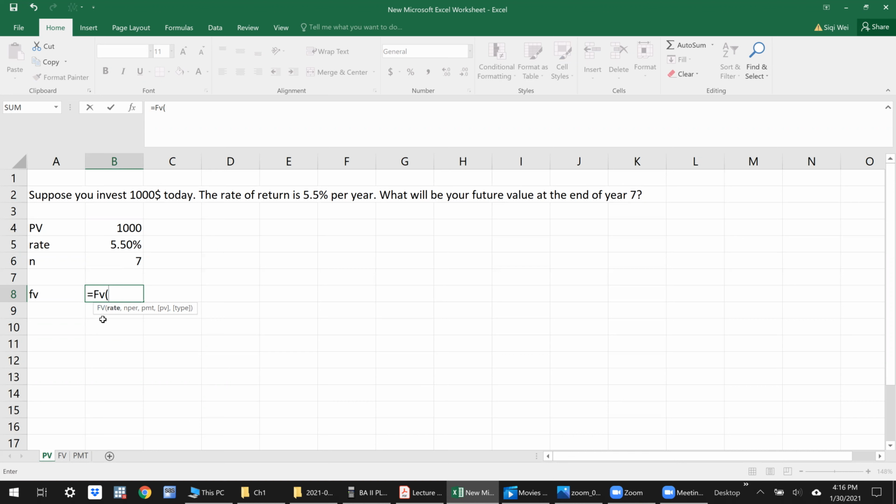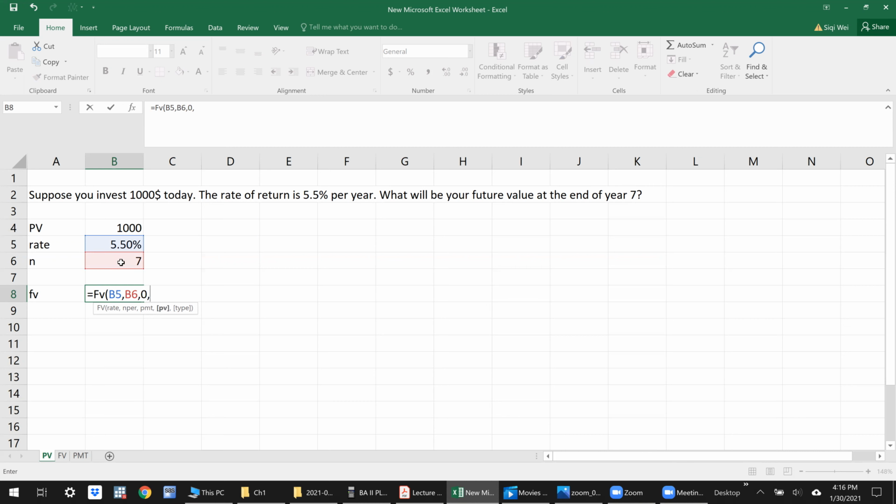So FV will bring you to the setup that allows you to calculate the future value with inputs of rate, number of periods, payment, and the present value. In this case, you don't have multiple cash flows, so you don't need to worry about the payment. So in this case, your rate is 5.5%, comma, and 7 periods, and payment is 0.